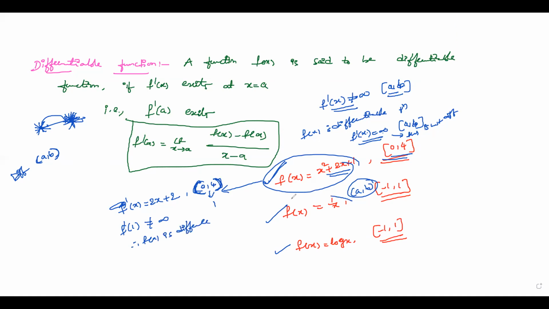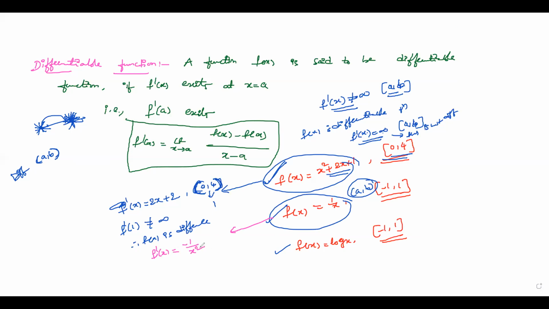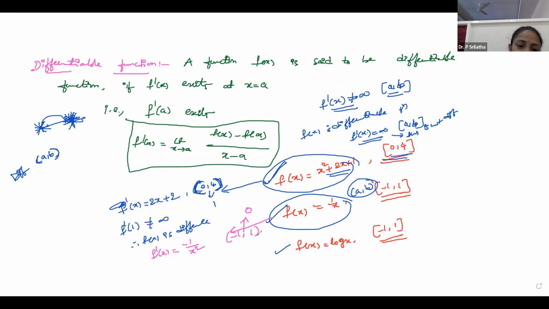Okay, so now coming to the next point. What is our next point? Now we need to find the differentiation of f of x. What is the differentiation of 1 by x? Minus 1 by x square. So that will exist in minus 1 comma 1, right? Here in minus 1 comma 1 we have 0 in between.